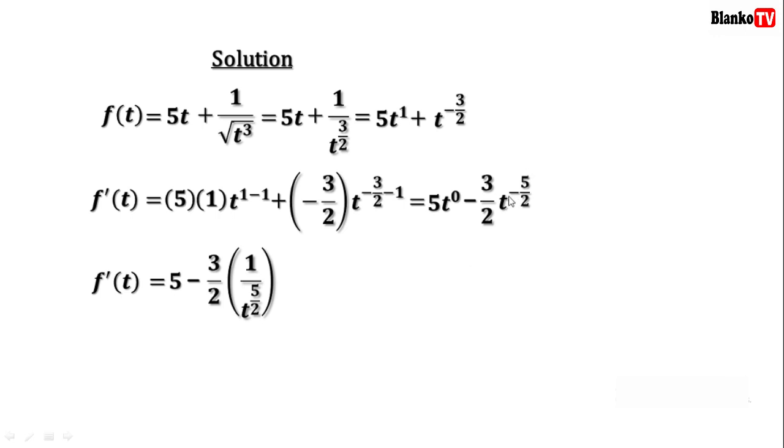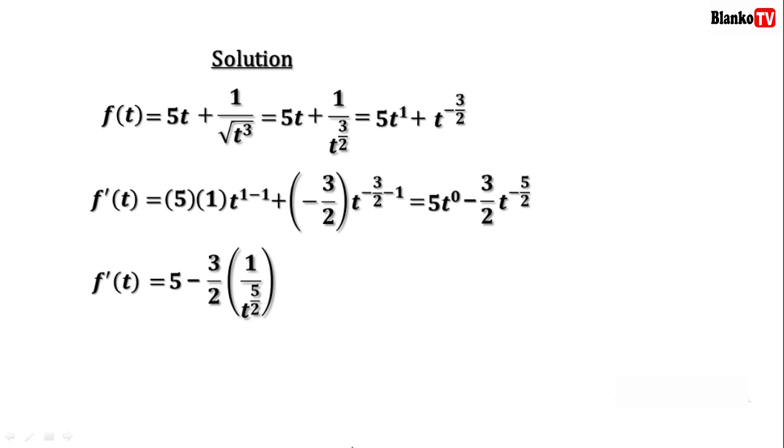That is, t raised to the power negative 5 over 2 is the same as what? 1 over t raised to the power 5 over 2. That is by applying the law of indices. I hope you are following it. So t raised to the power negative 5 over 2 is the same as what? 1 over t raised to the power 5 over 2.